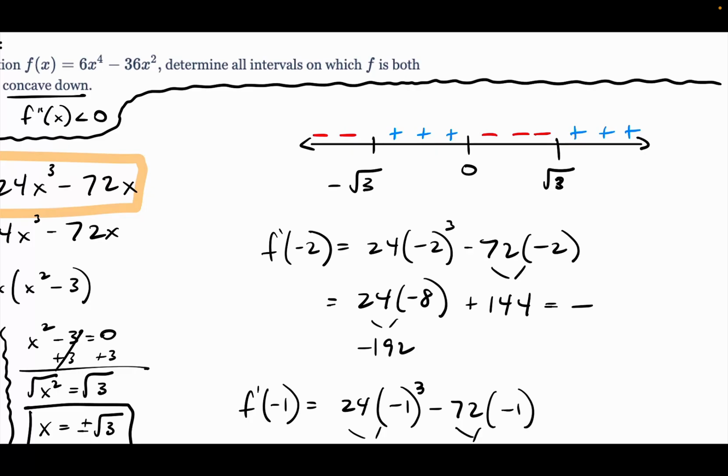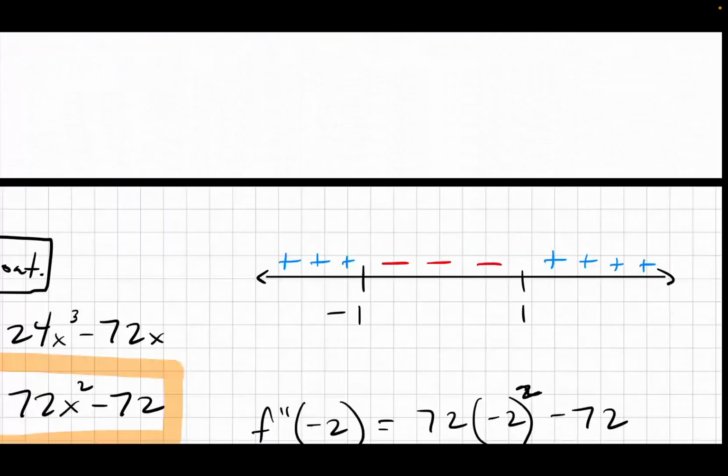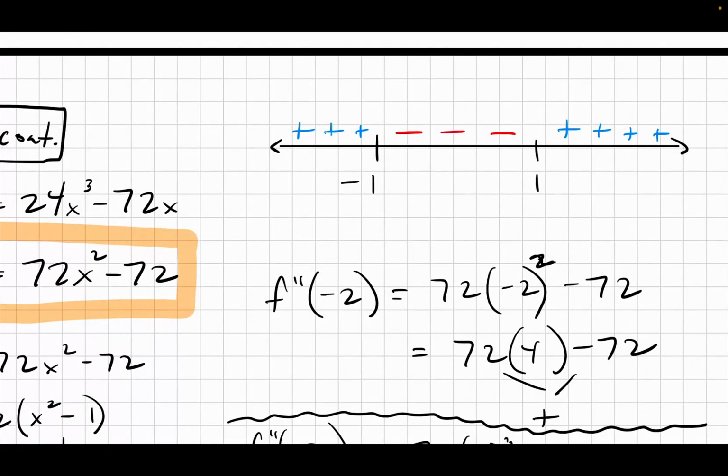Second derivative: for this one, I had negative 1 right about here, and positive 1 right about here.